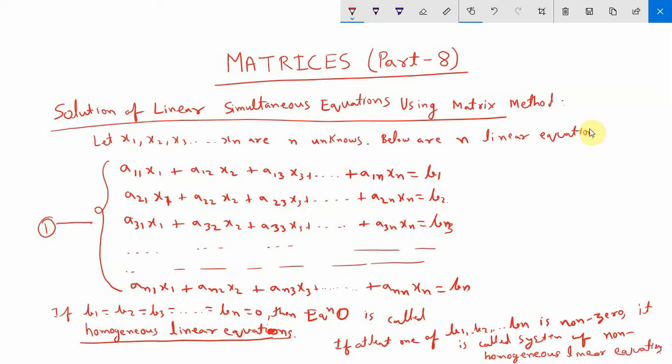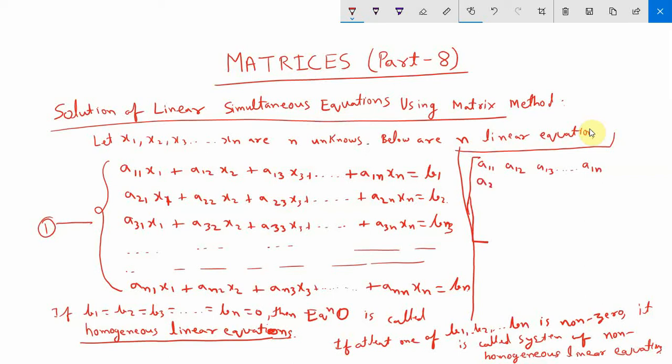so we can write the system of linear equations given by 1 in matrix format. I will write on the right side. Okay, we will try to adjust here. So a11, a12, a13, and the last element will be a1n.